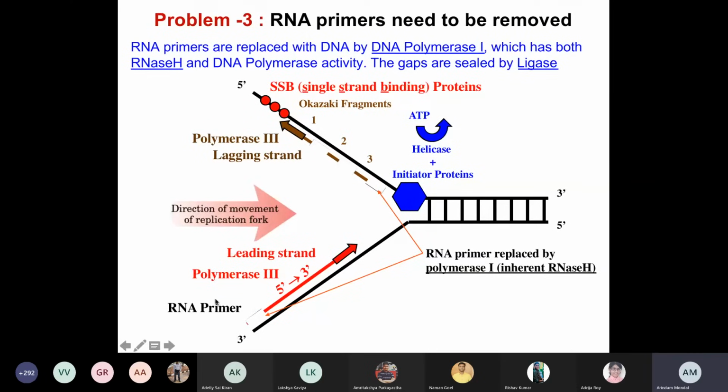And here you don't need an RNA primer because you already have the 3' OH here, right? You have a 3' OH here, and here, and so on. So everywhere you have a 3' OH. So now it doesn't need a primer. So DNA polymerase 1 can come in and, utilizing these 3' OH groups, it can synthesize the DNA so that it can fill in the gaps.